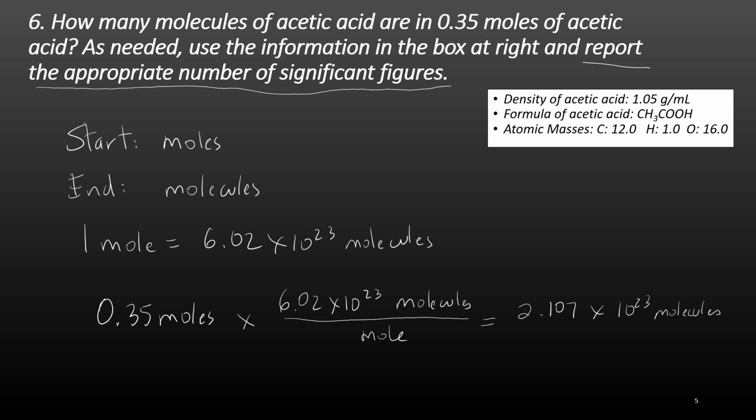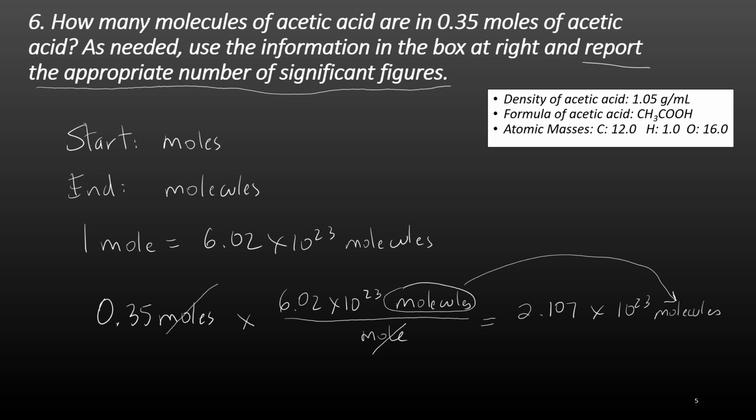All right, let's do our double checks. First, let's cancel units. So moles here in the first term cancel with moles in the denominator of the second term. We're left with molecules as our ending unit, and that's what ends up in our answer. So we're good there. What about doing the math in our head just as a quick double check? Well, we would multiply 0.35 times 6.02.